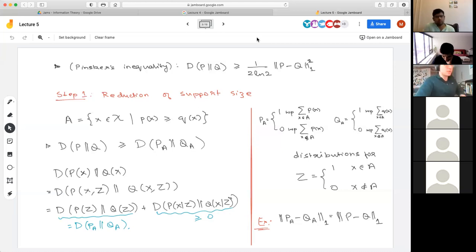And I left as an exercise to say that if you now think of a 2-point distribution, a distribution of support size 2, where you get 1 with some probability, 0 with some probability.